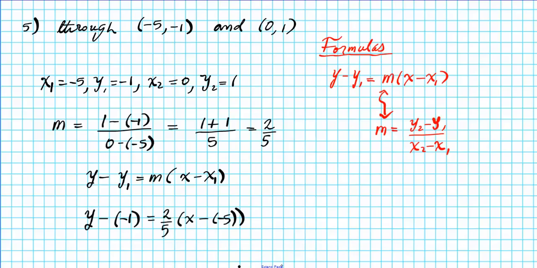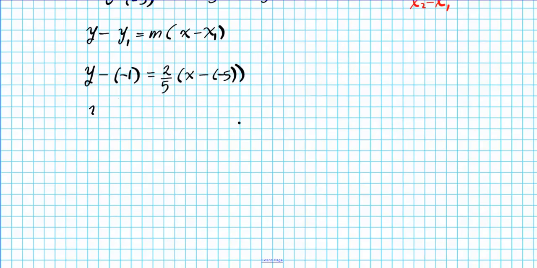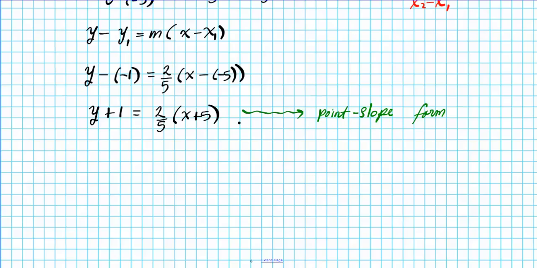All right, so let's simplify this a little bit. We have y plus 1 equals 2 over 5 times (x plus 5). All right, so just FYI, this is the point slope form of the equation of the line. But we're looking for the slope intercept form, okay?